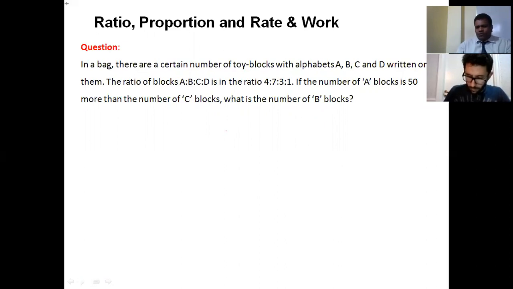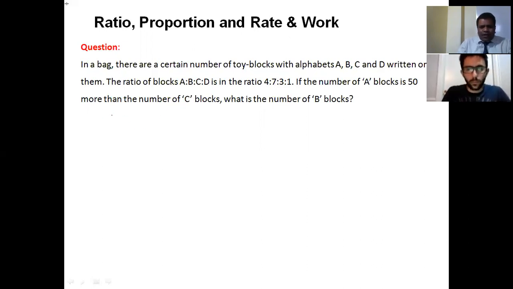Here we have 4. Is that creating a problem for you? Oh, I'm replacing the number of blocks, for example, A is equal to C plus 50. Yeah, that would be a little lengthier approach. I'll give the shortcut approach here.